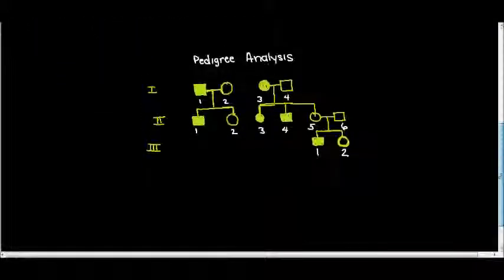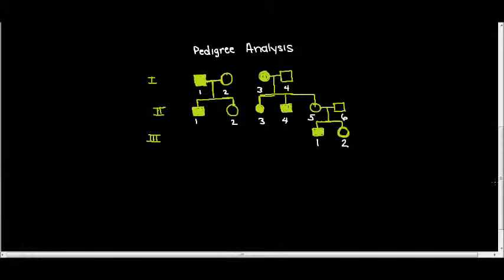So now let's see how we can use this pedigree to figure out if a trait is dominant or recessive, and sex-linked or autosomal. If a trait is dominant, then an affected individual had to have come from affected parents, because even if you have one allele of the trait, you're going to express it.